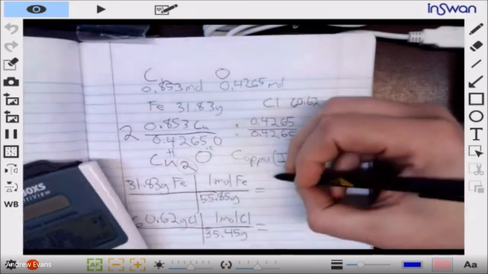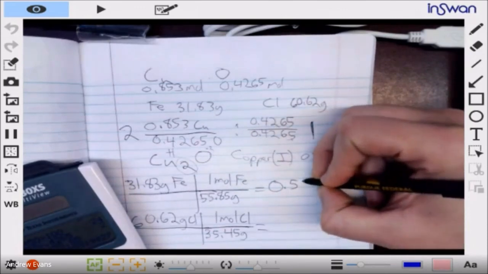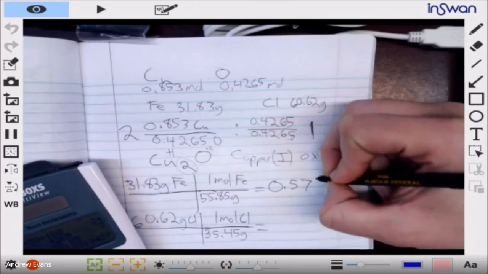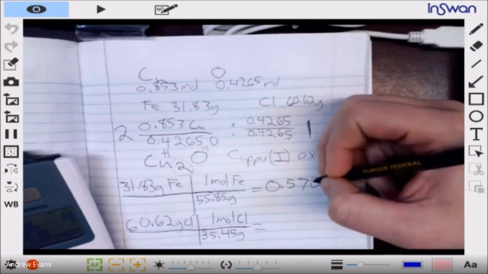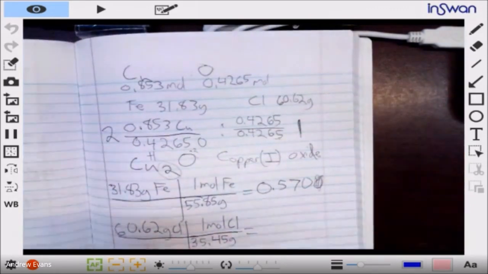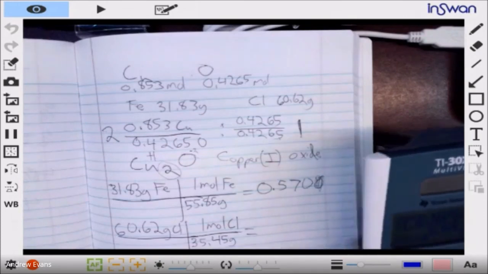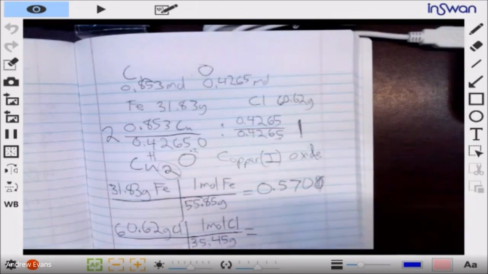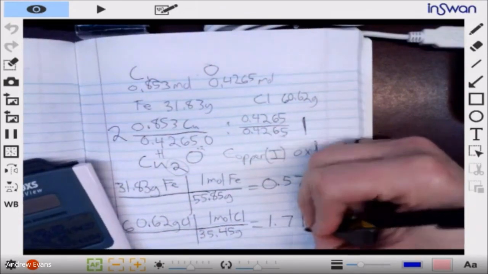How many moles of iron do we have? 0.57. How many moles of chlorine do we have? 60.62 divided by 35.45 gives us 1.71.